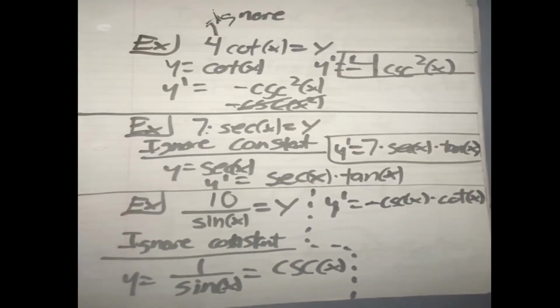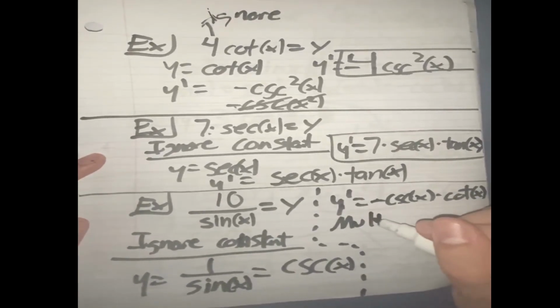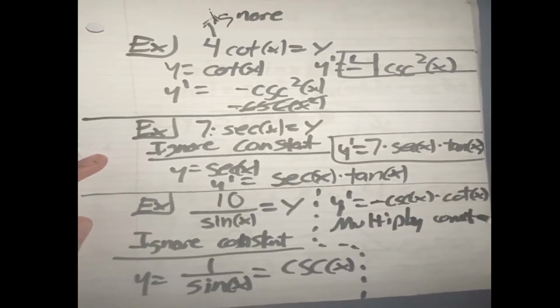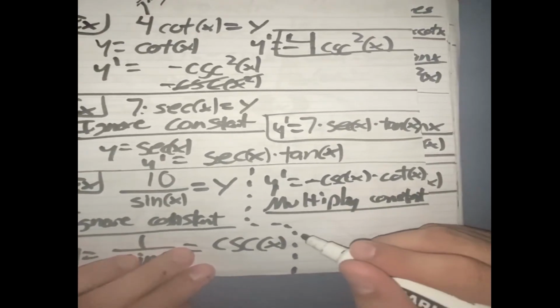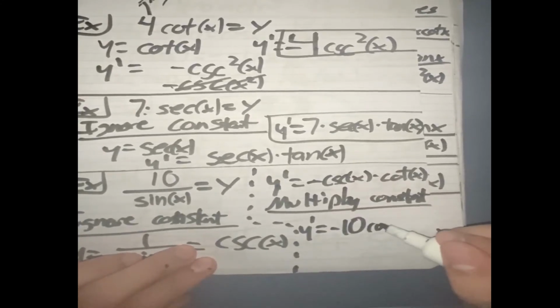So now that we have that, let's multiply by the constant we pulled out. So our y prime is actually equal to negative 10 cosecant x times cotangent x. I'll make this more legible for y'all.